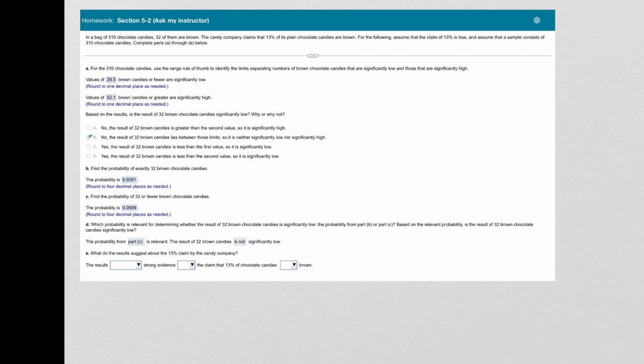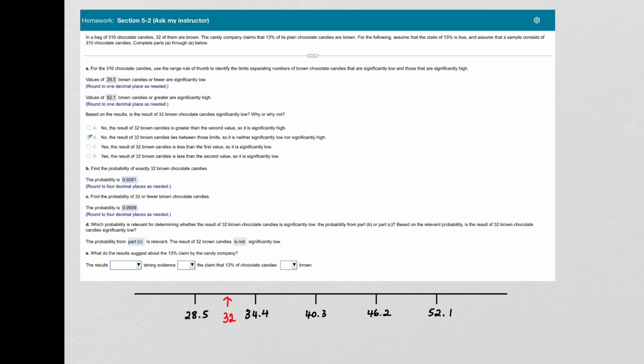And then finally it says, what do the results suggest about the 13% claim by the candy company? So when we look at the results, the 13% claim would indicate that there are about 40.3 brown M&Ms per package on average. And we got 32. Now that's not the same as 40, but it's not far enough away to indicate that that 13% is wrong.